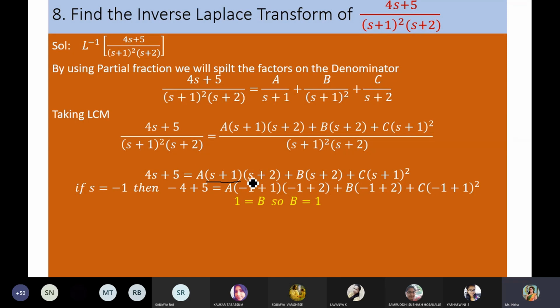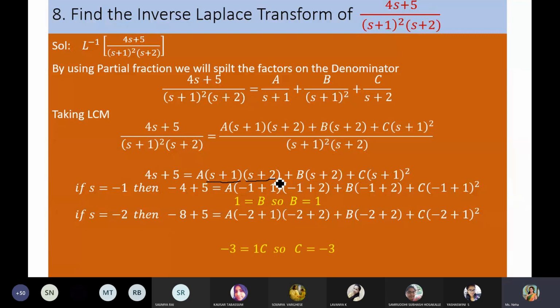Then one more factor you can see is s plus 2. Put s equals minus 2, then some of the terms will get cancelled and you will get the value of c. Now for the third one, you can take s equals 0, or you can compare the coefficients. Since there is no s square on the left side, and on the right side, if you open it, a gives s square and c gives s square.